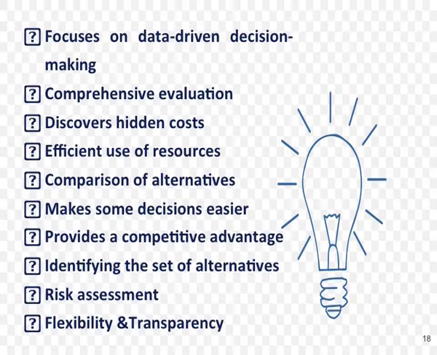So, efficient use of resources definitely, and the comparison of alternatives makes some decisions easier, provides a competitive advantage, identifies the set of alternatives, risk assessment, and flexibility and transparency. So, these are some advantages of the cost benefit analysis, by which we can use this analysis in proposing any budget allocation for our library.